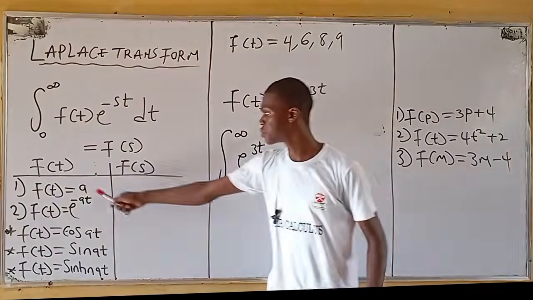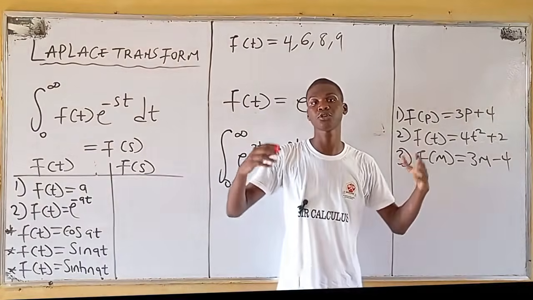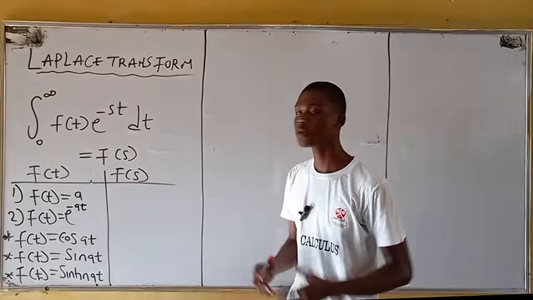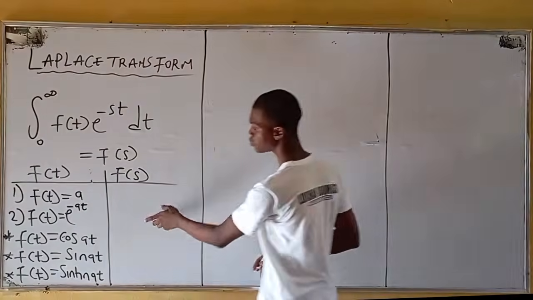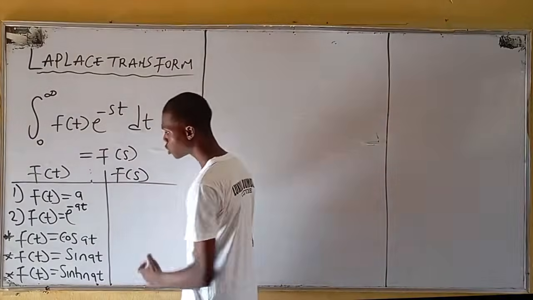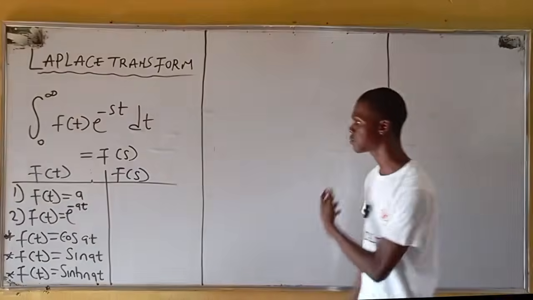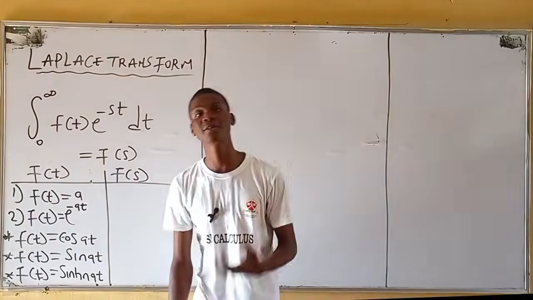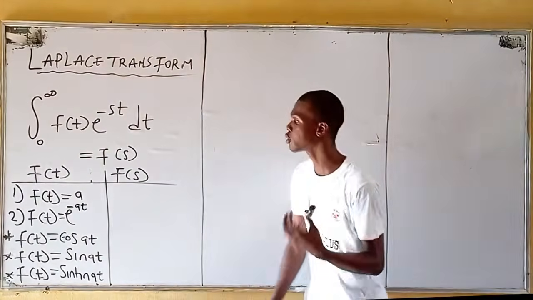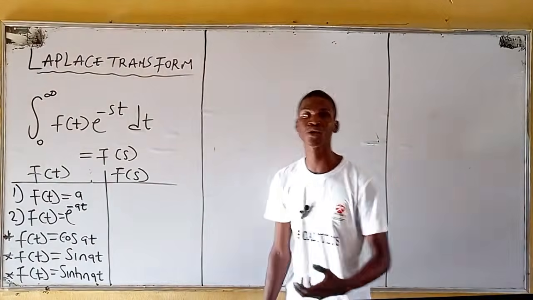So let's take the first one and see how we can integrate to get our function f of x. Given this table, we want to find the transformation of number 1, number 2, number 3, number 4, and the last function. The very first function we consider is when your f of t is a constant.